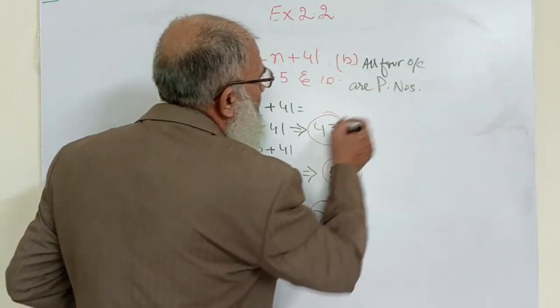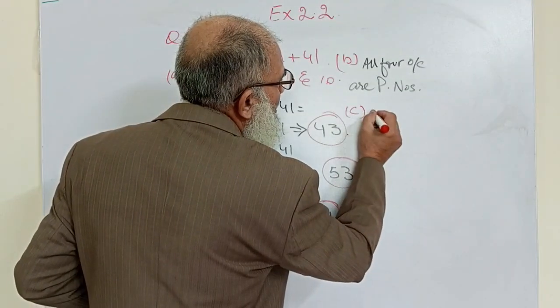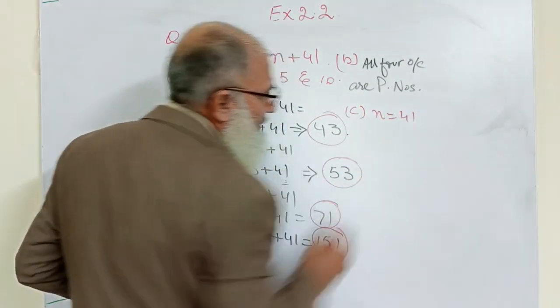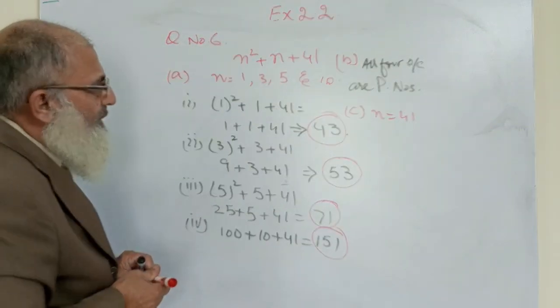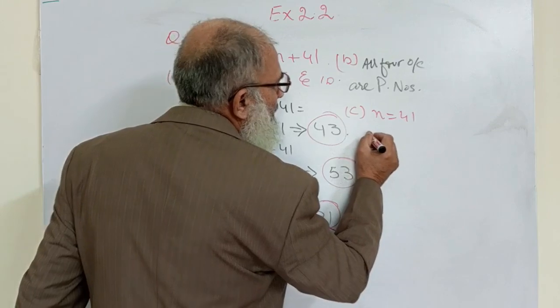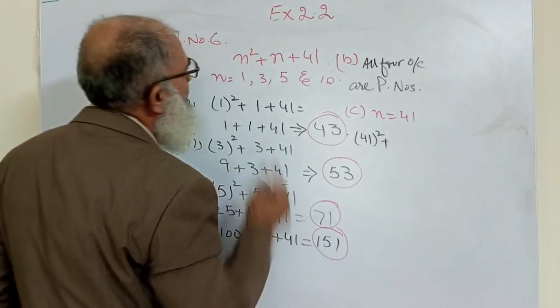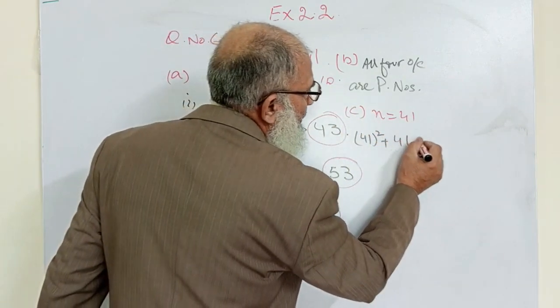Now, for part C, we have to do it for n equal to 41, and we'll see what the outcome will be over here. The outcome: 41 the whole square plus 41 plus 41.